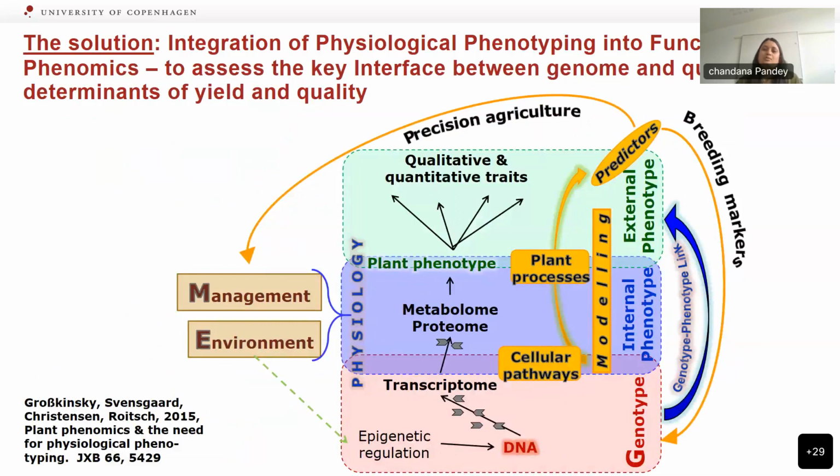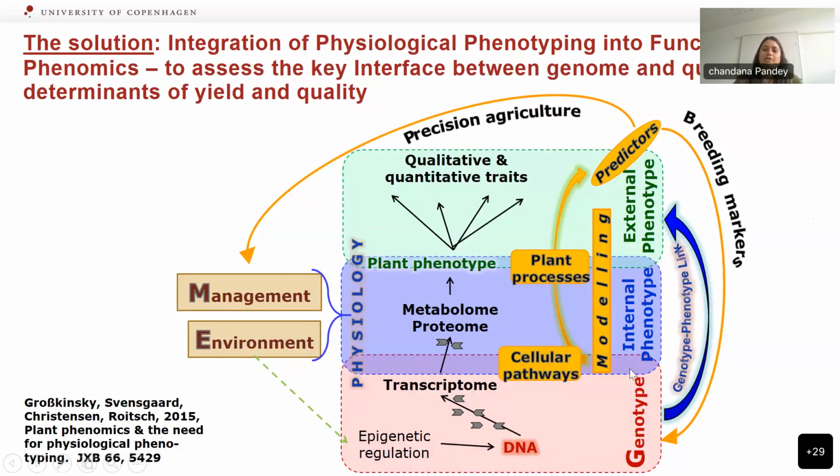And when it comes to the physiological level, what kind of approach do we want to take? So we integrate physiological phenotyping into functional phenomics to assess the key interface between the genome and quantitative determinants of yield, quality, or resistance toward the pathogen. And how does it work?